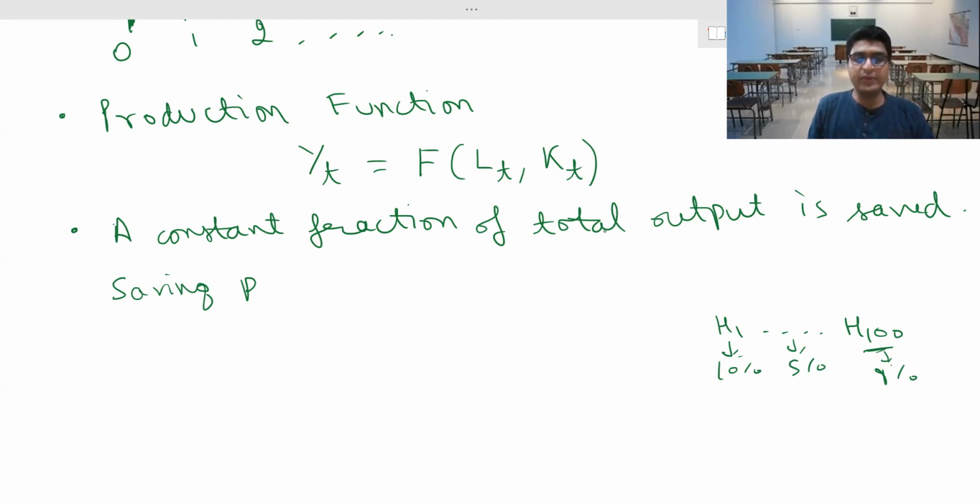So we can assume a certain fraction, okay, and we can use that in our model to reach certain conclusions, right? So again, there is no loss of generality. We can work with any saving rate, okay, and that will help us reach a conclusion. Okay, so assuming that there is some constant fraction of saving rate given from outside the model will not harm anything. Okay, so again, it's a reliable assumption.